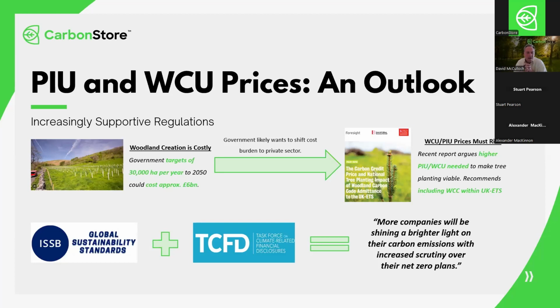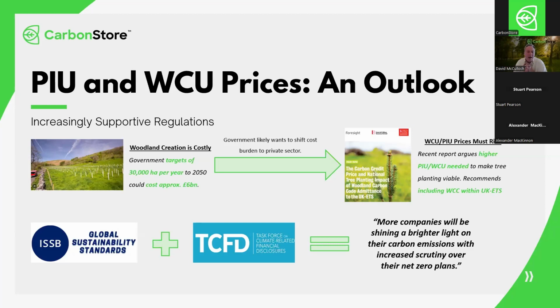The markets for nature-based credit and carbon credits offer the ideal solution. According to recent research by Foresight and King's College London, current prices of approximately £25 per PIU are sufficient to render just 35% of land as economically viable under woodland creation.